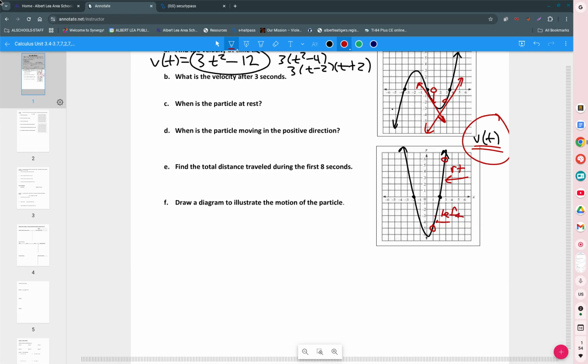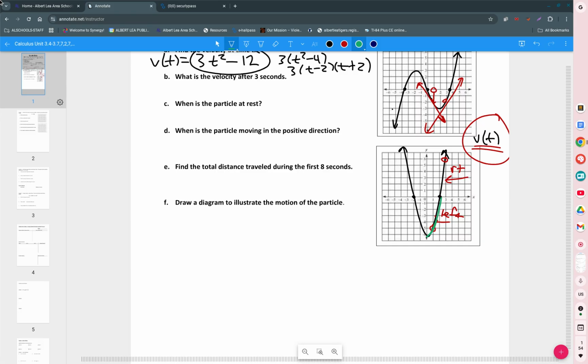So the velocity on that bottom one is negative? The velocity right here means that the velocity is negative. Right here means the velocity is positive. If I can for a second, I think that this might help you. Notice this green portion here, that's when the velocity is negative, agreed?